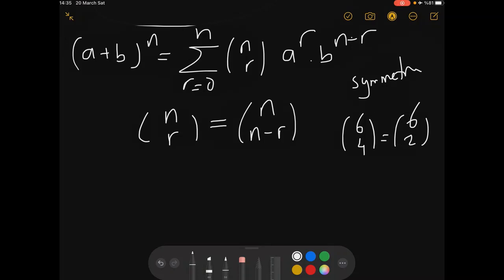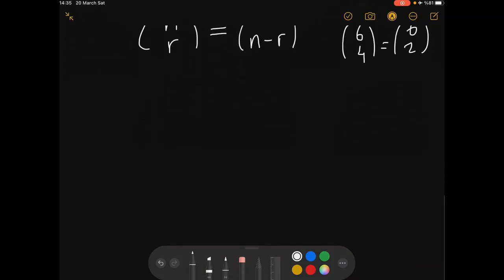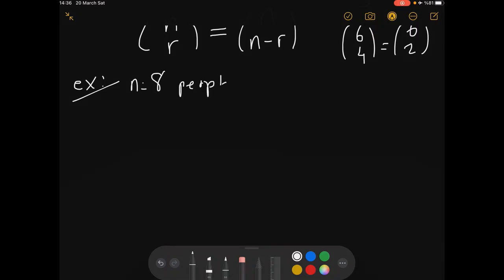Okay, now let's work on some examples to clarify the combinations. These are examples from the textbook. Suppose that you have n equals 8 people and you are trying to form 3-person teams from those 8 people.